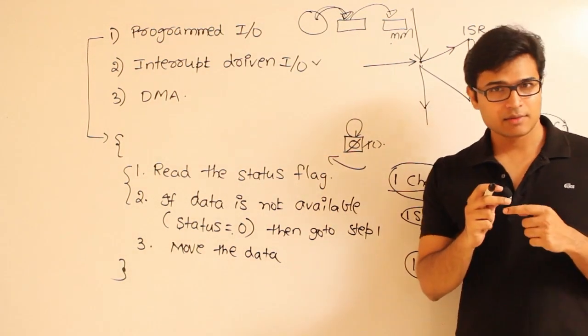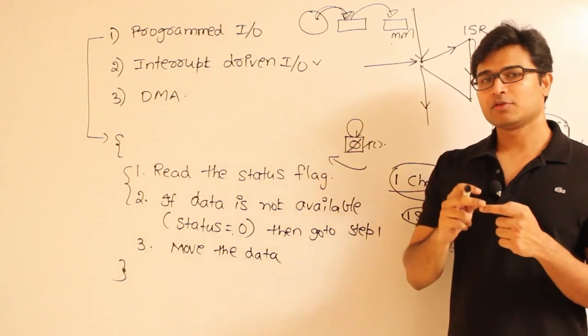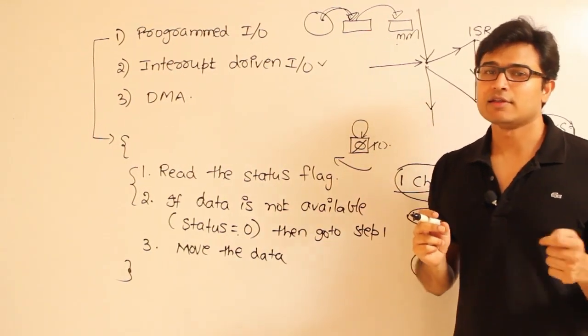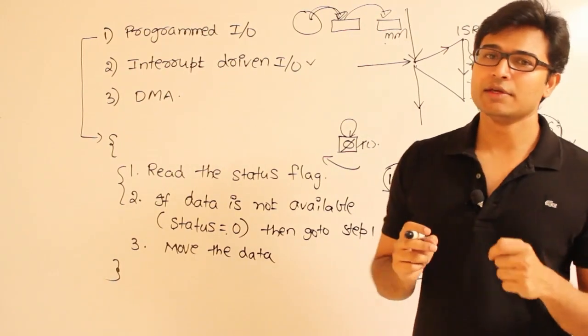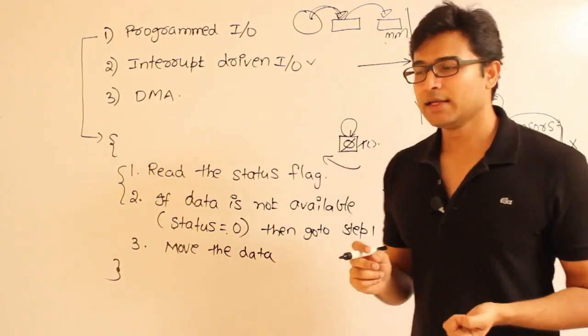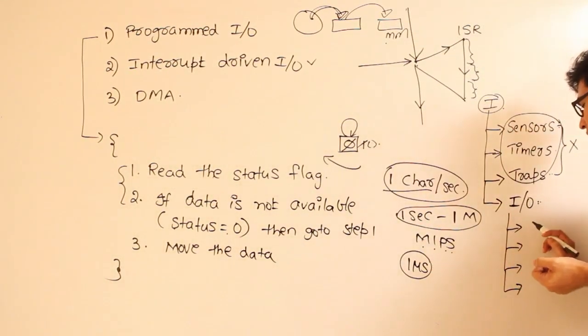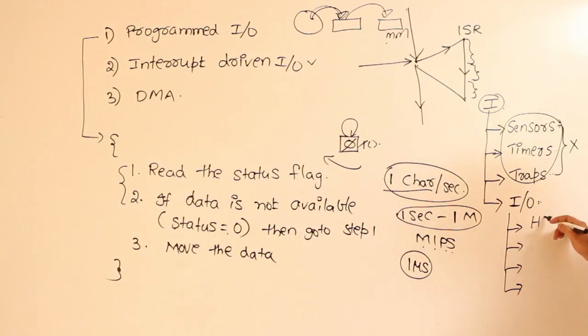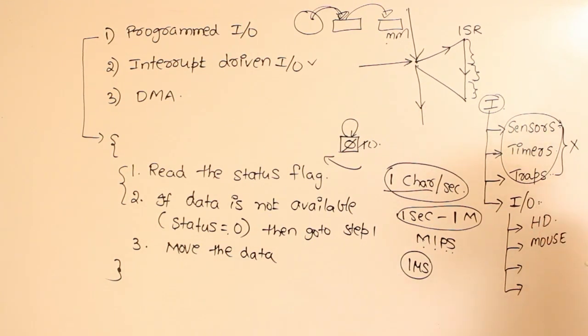So if you are looking at the priority which has to be given to the IO devices, generally the fastest IO devices will be given the highest priority, right? Which means our hard disk will be given the highest priority, and after the hard disk, maybe the mouse will be given the next highest priority. See, it is all relative, right? Which one is faster, that is how we are going.